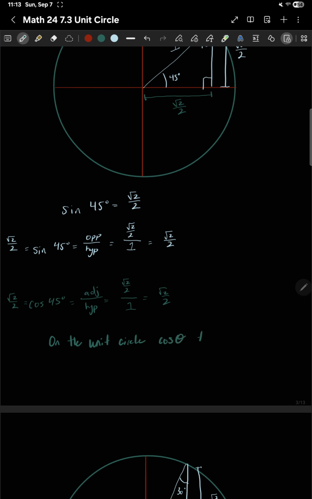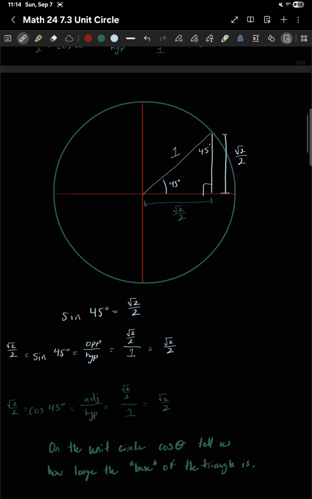Cosine of theta tells us how large the base of the triangle is. And this is only because the unit circle has hypotenuse 1. But it's really helpful to think of it conceptually as sine tells us how tall the triangle is, cosine tells us how big the base of the triangle is.